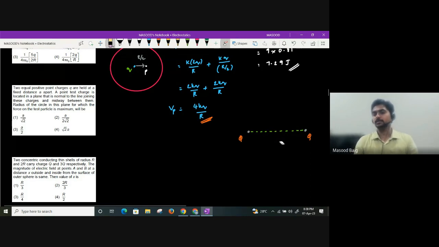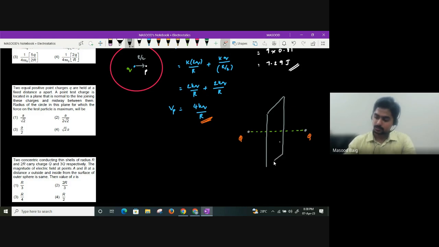Dekho, the line is the x-axis. Which plane is perpendicular to the x-axis? The YZ plane. Yes or no? And that plane is lying exactly at the center, midway between them. The distance from here to here you will get as a by 2, and from here also a by 2.